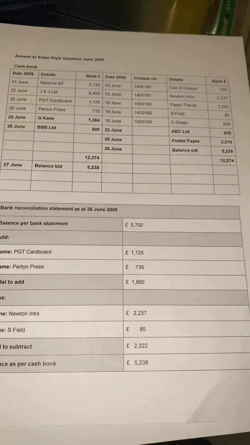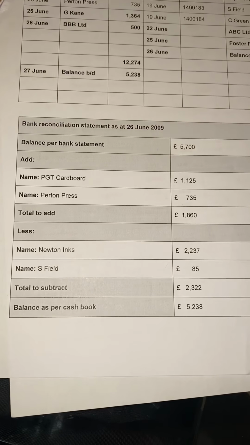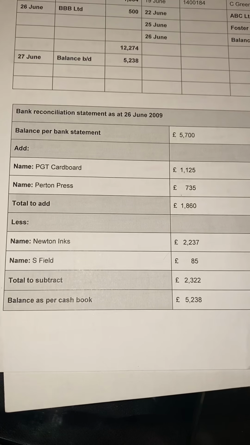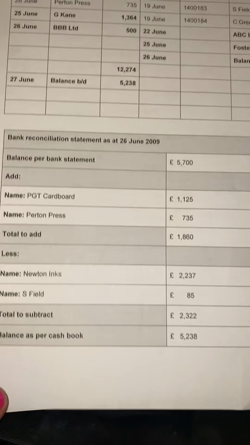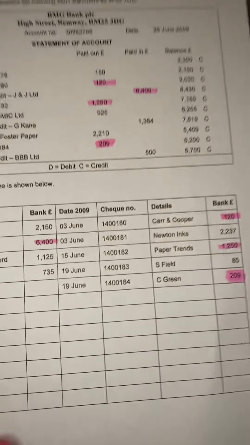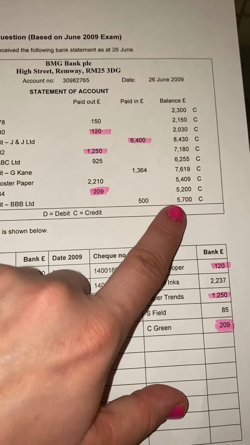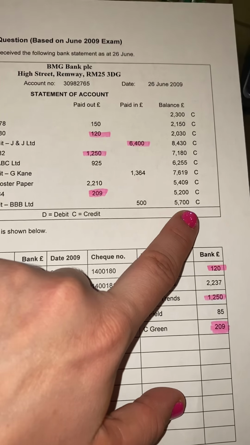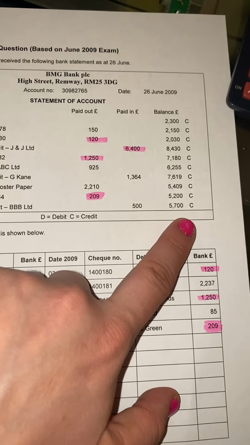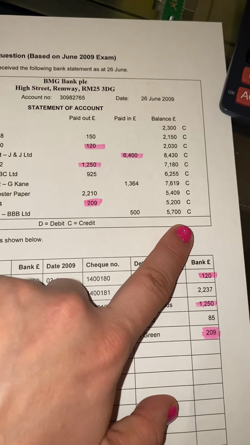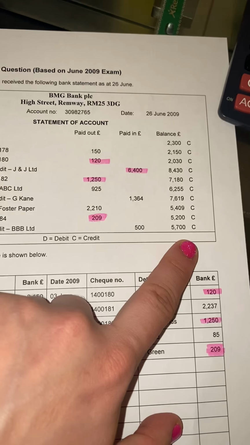Okay, so just to recap on how you do this bank reconciliation statement, the first thing we do is take the balance from the bank statement. So if I go back to the bank statement, it said £5,700 credit balance. Don't forget, bank statement is written from the bank's point of view, so we think of it as the opposite for an accountant.